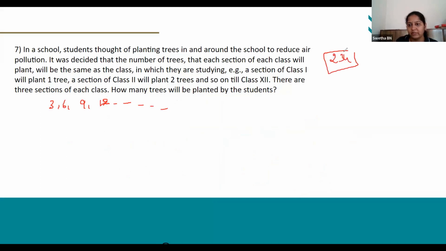We got the answer. What is the last number? Who will tell here? See what I did here: 3 sections into 1, next 3 sections into 2, 3 sections into 3, and so on. Tell me fast. What is the last number?